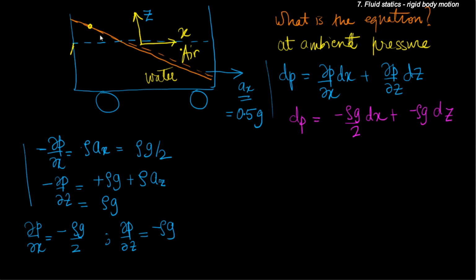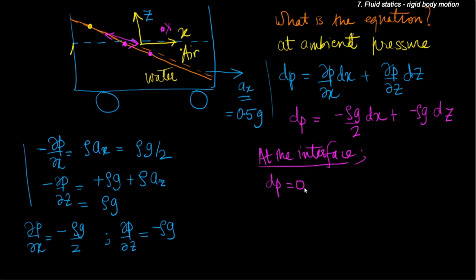Now recognizing that all over the interface the pressure is going to be a constant, when I write this equation at the interface, for any point on the interface we have dp equal to 0, because over the interface, I reiterate, the pressure is ambient pressure and it does not change with x and y on the interface. So these are all the points on the interface. The choice of x and y are such that they constrain the point to be on the interface, not anywhere else randomly.